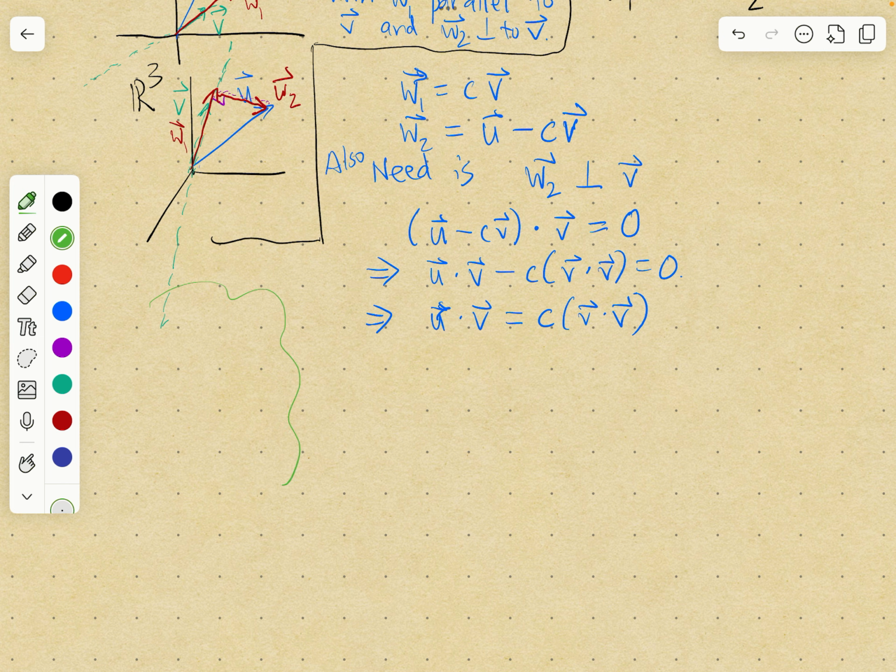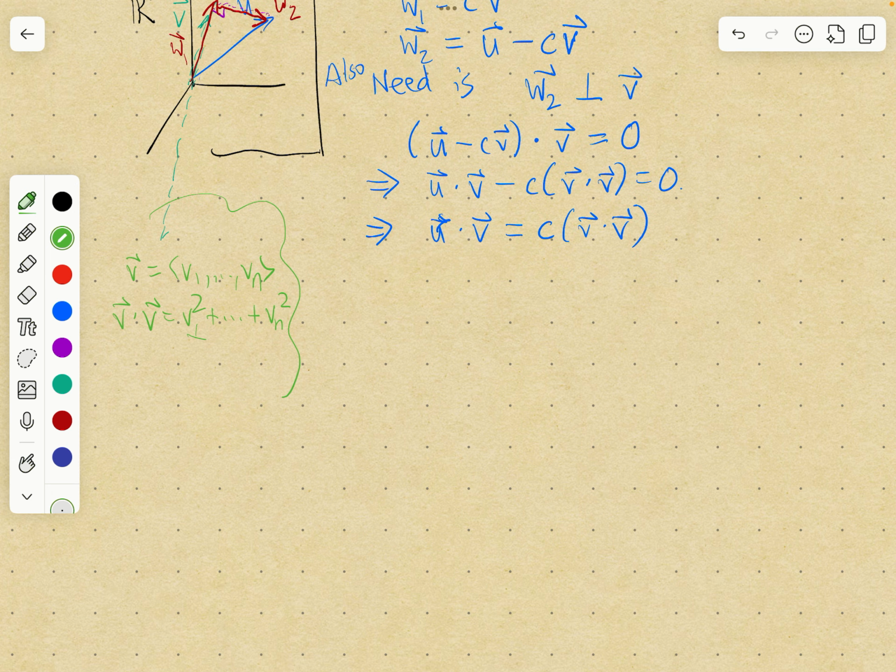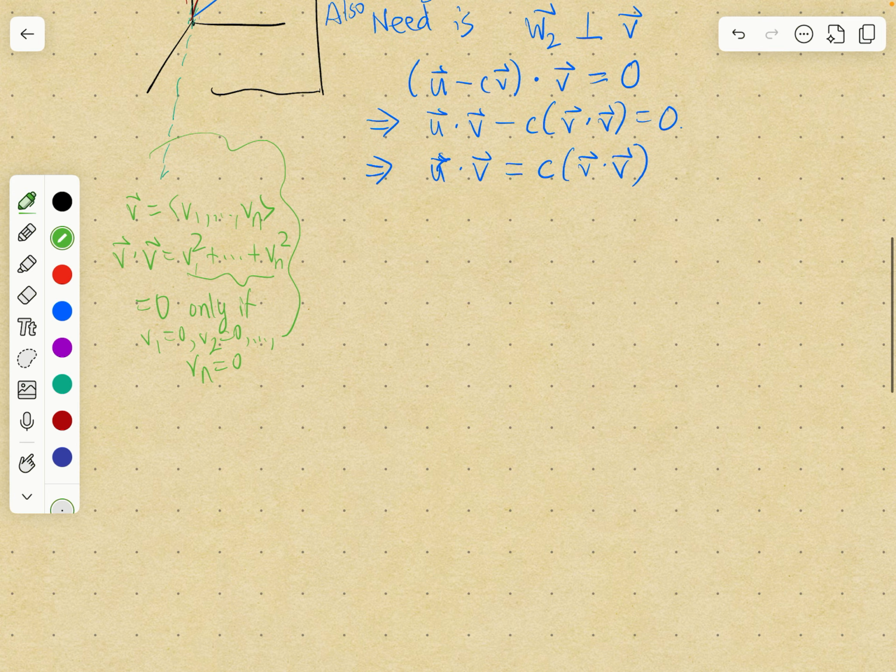If you have some vector v with components v1 through vn, then v dot v is equal to v1 squared plus dot dot dot plus vn squared. And if you have a sum of squares, it's equal to 0 only if v1 is 0, v2 is 0, all the way to vn is 0. I.e., v is the zero vector.